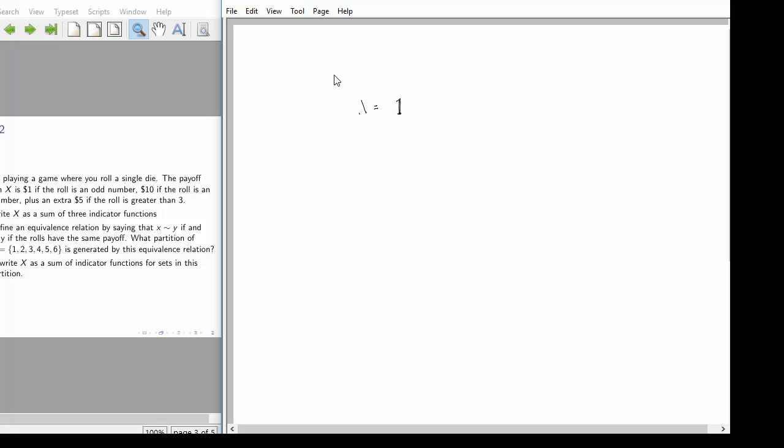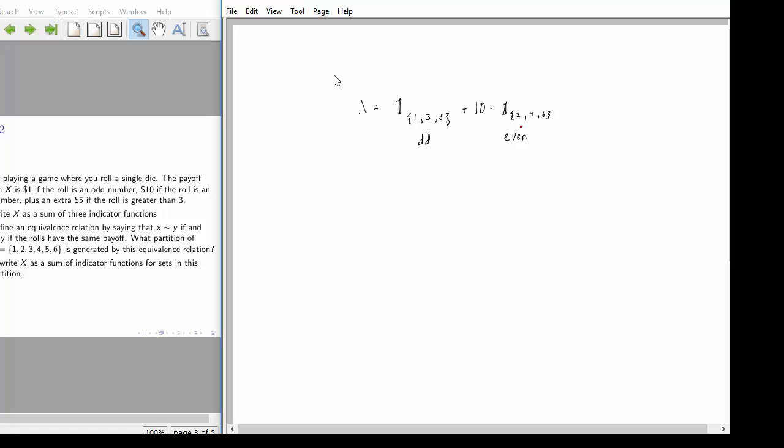So I take 1 times the indicator function that has the value 1 if the die roll is 1, 3, 5. That takes care of the odd numbers. I add on 10 times the indicator function that has the value 1 if the roll is 2, 4, 6.